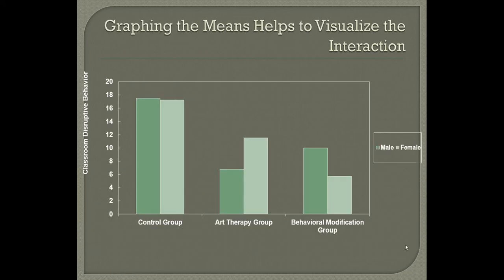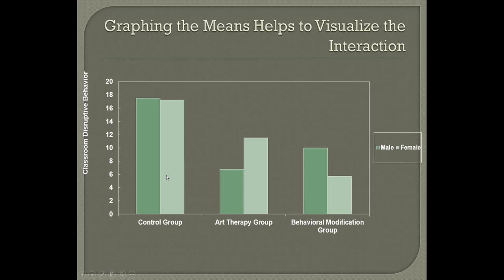When there is an interaction present, which is the purpose of doing the factorial ANOVA, which we haven't gotten into the formulas or interpretation of yet, just the conceptual background, it is helpful to inspect either bar graphs or line graphs to get an idea of the nature of the interaction.